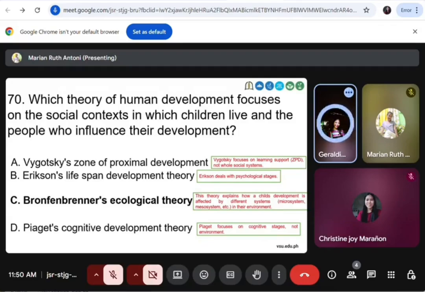Vygotsky focuses on learning support, the ZPD, not the whole social system. Why not letter B? Erickson deals with psychological stages. And why not letter D, which is Piaget cognitive development theory? It's because Piaget focuses on cognitive stages, not environment. Next.